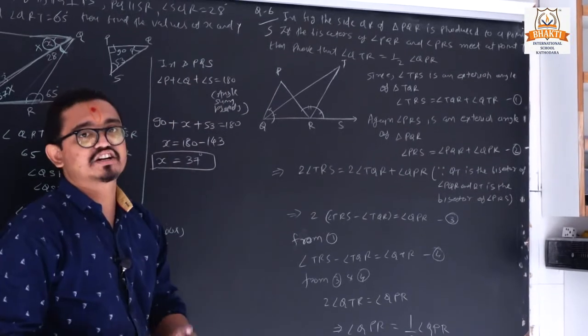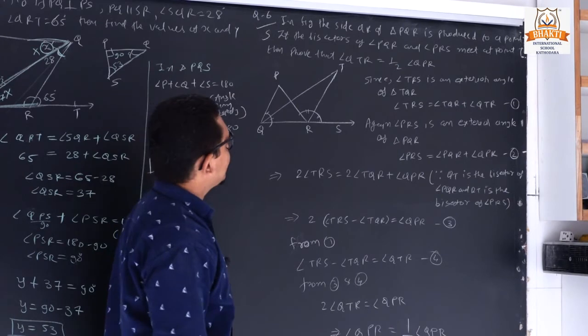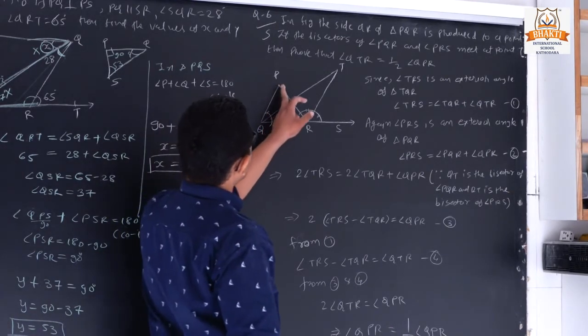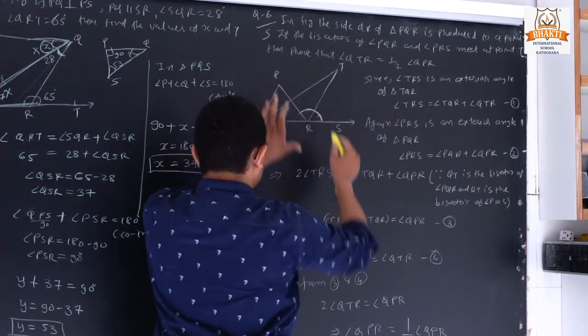Now last question number 6. In figure, the side QR of a triangle PQR is produced to the point S. So it is a triangle PQR, and this one is its exterior angle.